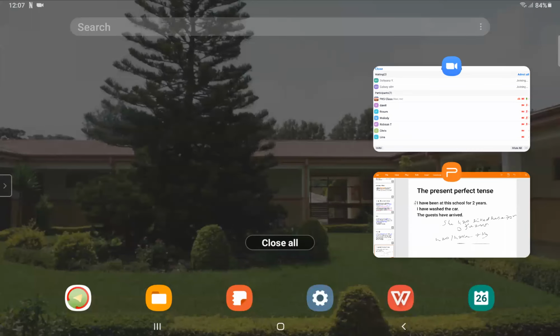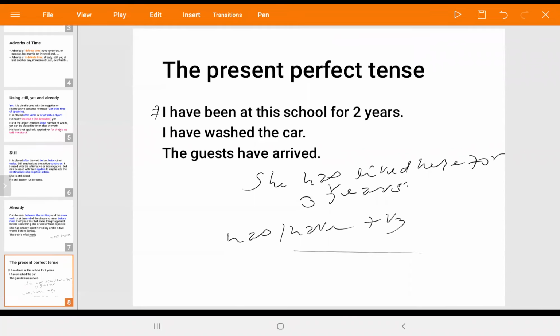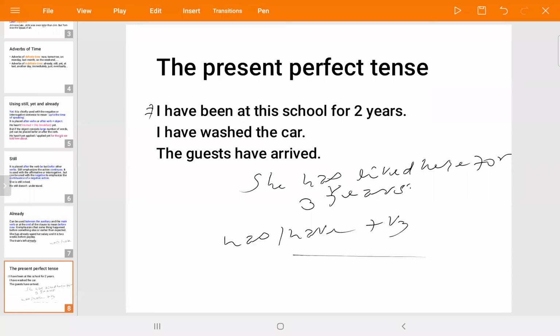I have washed the car. The activity is already accomplished in the past. The car is tidy now. It looks beautiful. So here the rule is actions performed in the past.